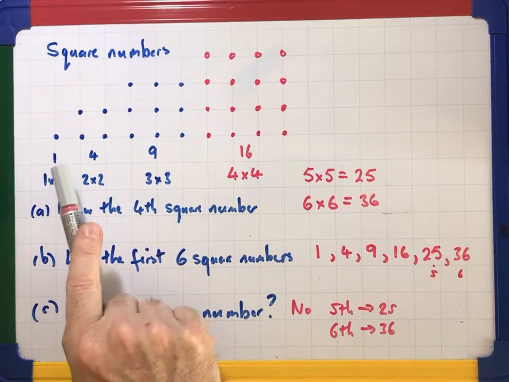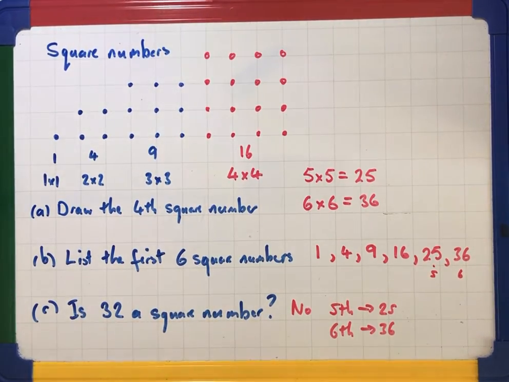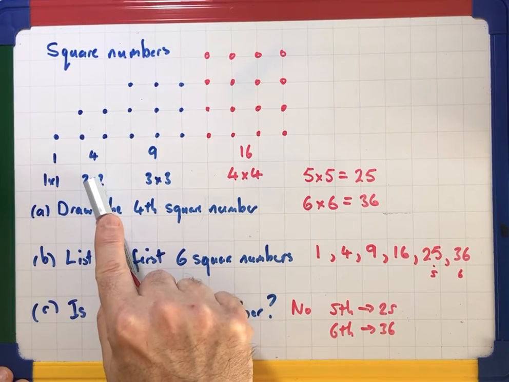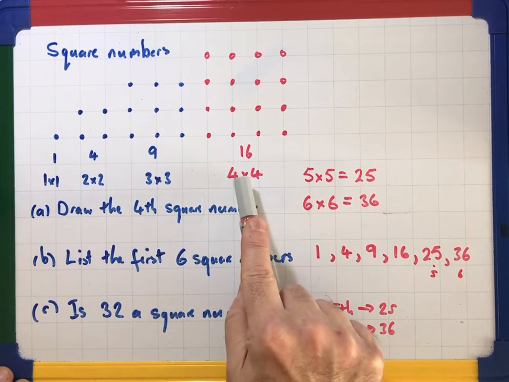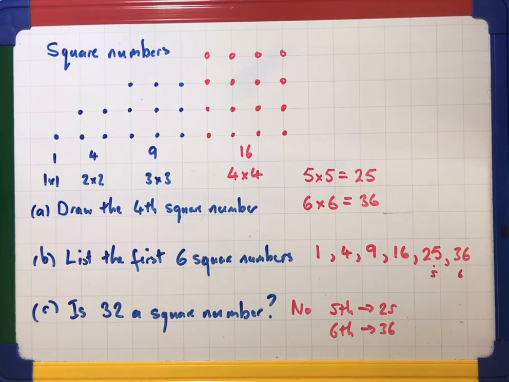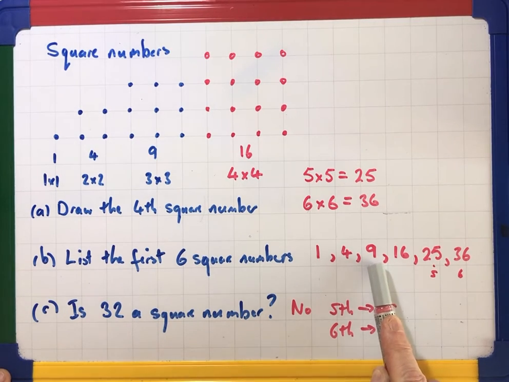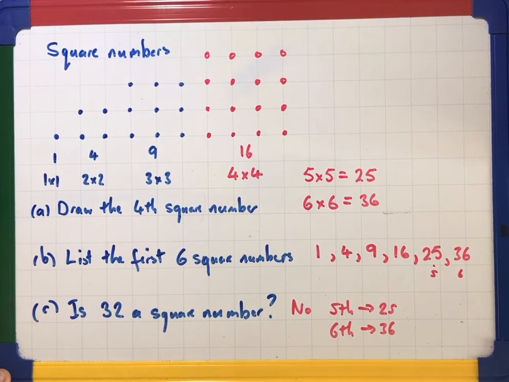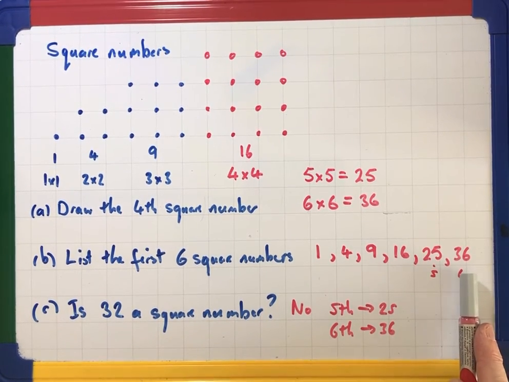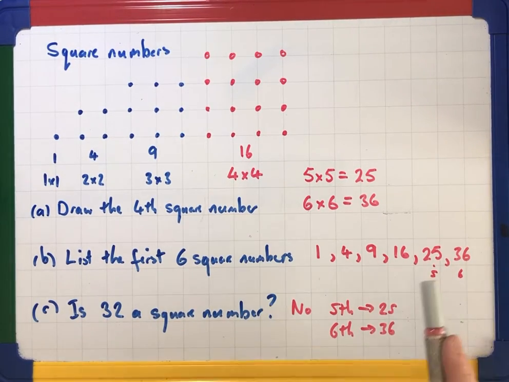Okay, so that's what a square number is. It's in the sequence 1, 4, 9, 16, 25, 36, which is 1 times 1, 2 times 2, 3 times 3, 4 times 4, 5 times 5, 6 times 6, and so on. And as I said, we would describe 9 as being the 3rd square number because it's the 3rd term in this sequence. Okay, and if it's not in this list or a continuation of this list, then it's not a square number.